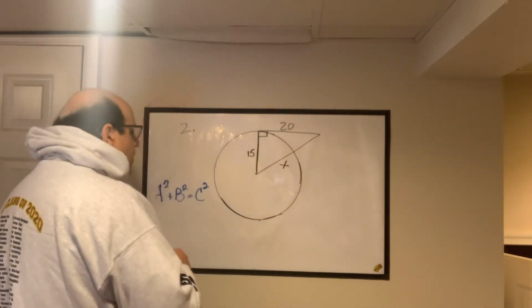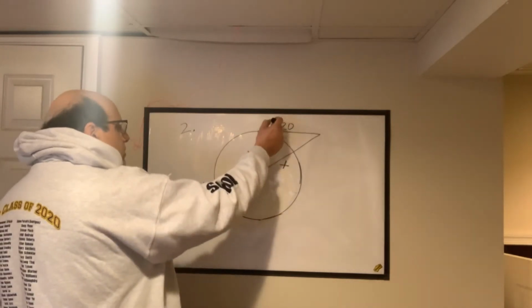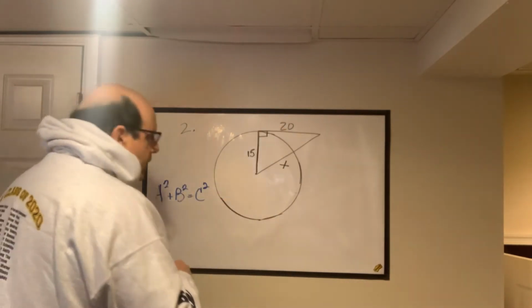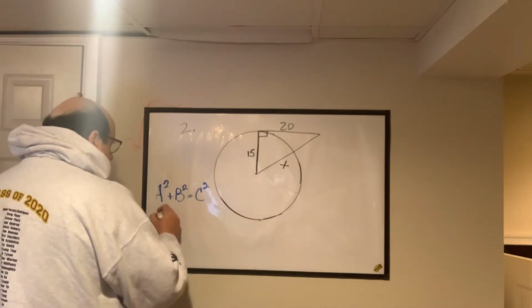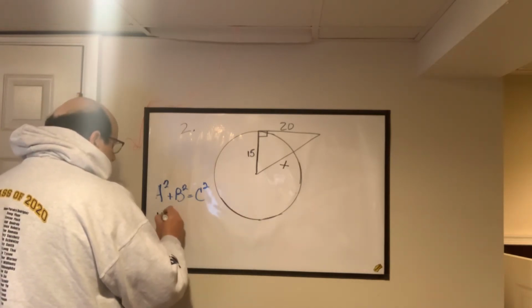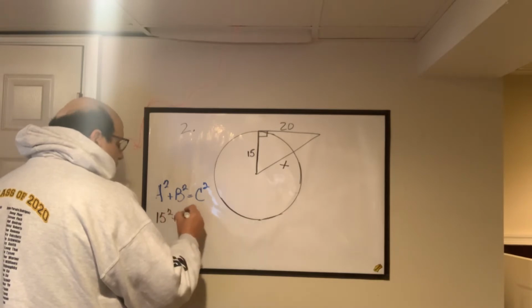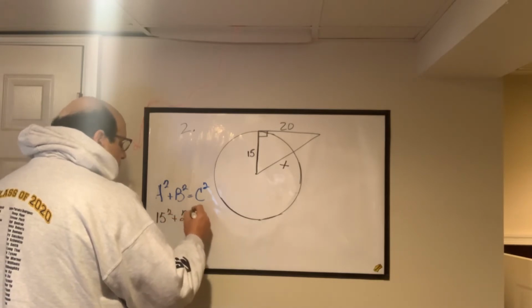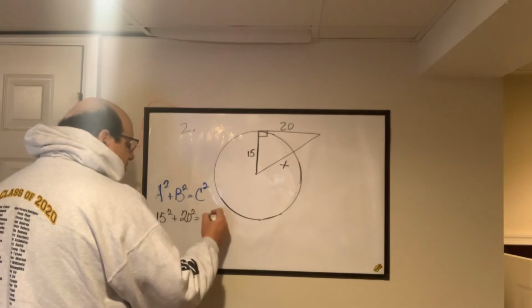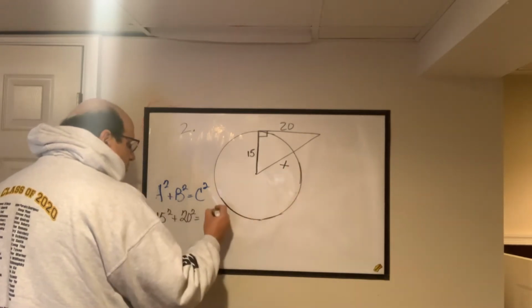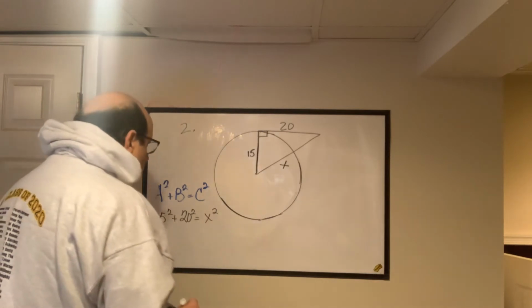Okay, so we're going to name this A, we're going to name this B, just for fun. You can do it any old way you want, but I'm going to say 15 squared plus 20 squared equals x, because that's what we're looking for, x squared.